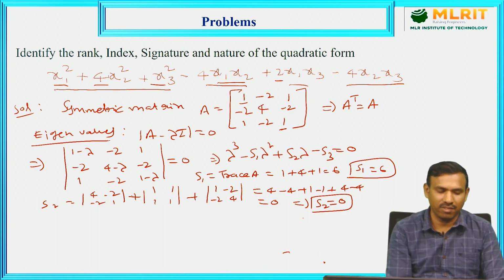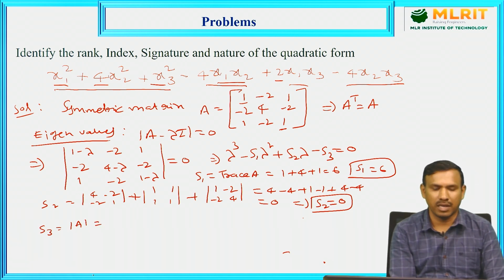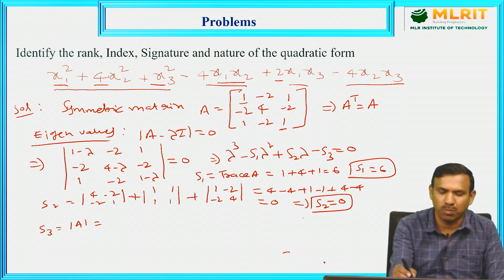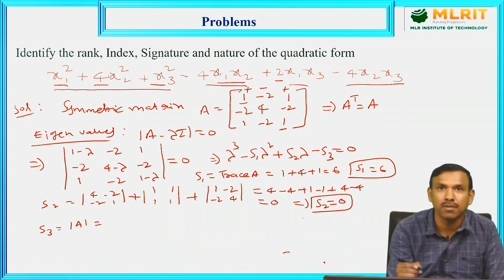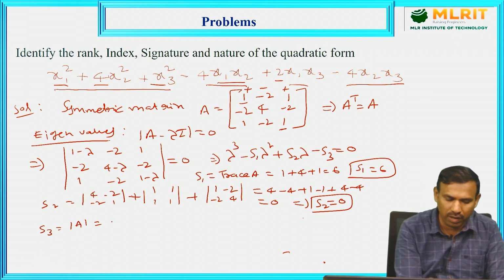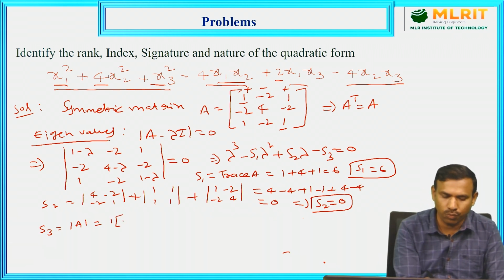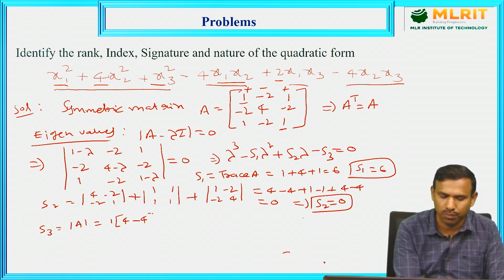Next, S3. S3 we know very well, that is the determinant of the matrix. We can easily calculate it by expanding along the first row, with signs plus, minus, plus. Plus 1 into, leaving its row and column, 4 into 1 minus 2 into minus 2, which is 4 minus 4.